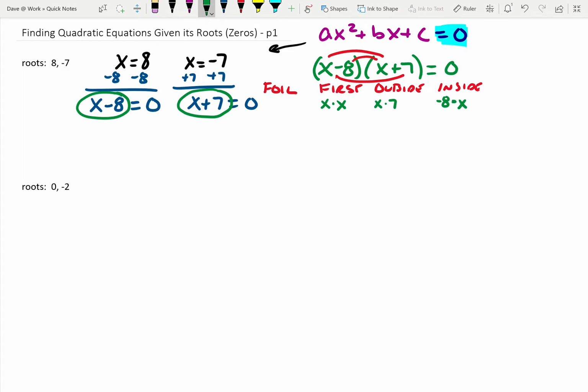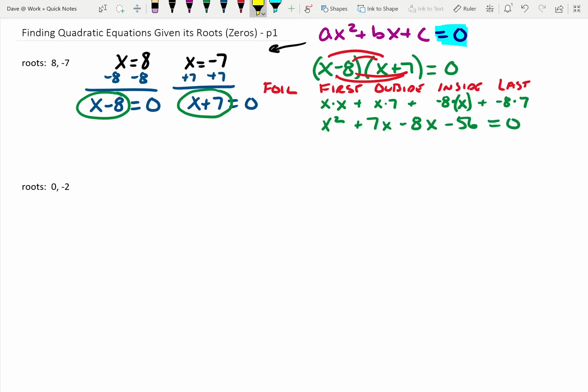And I get my last terms, which is -8 times 7. I will add those terms together and come up with x squared plus 7x minus 8x minus 56, and I will need to set that equal to 0.